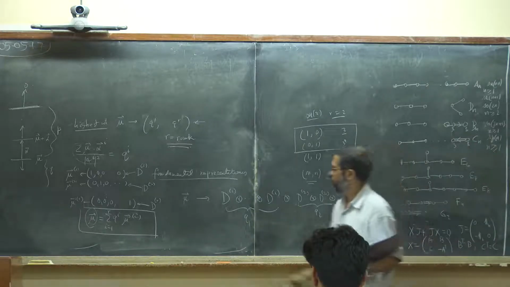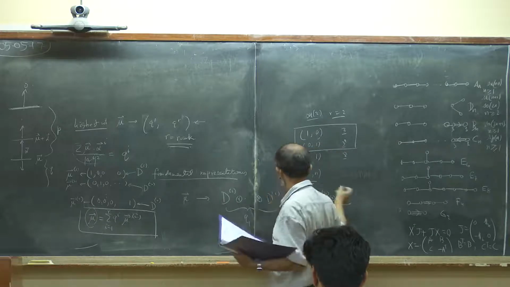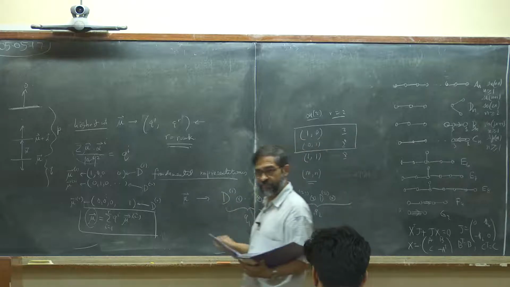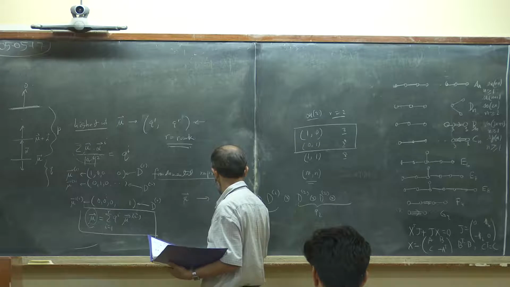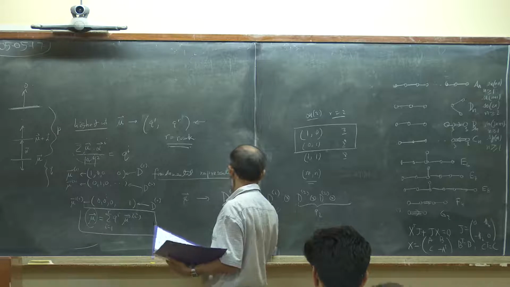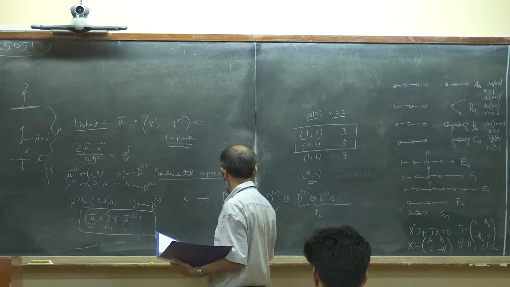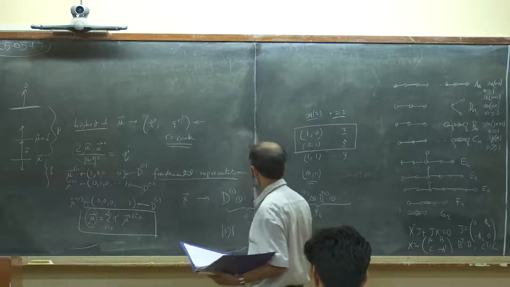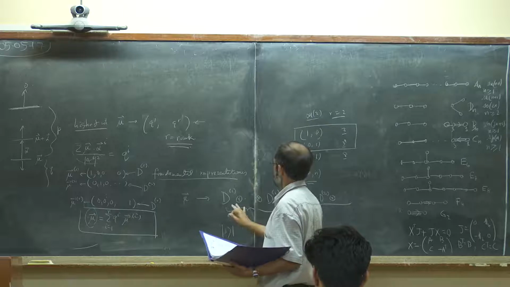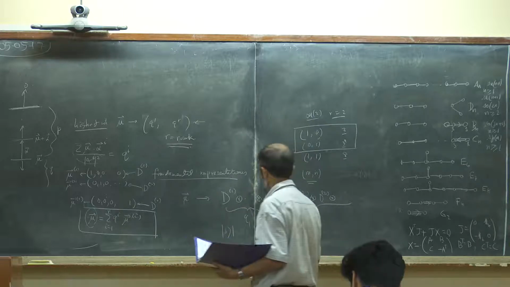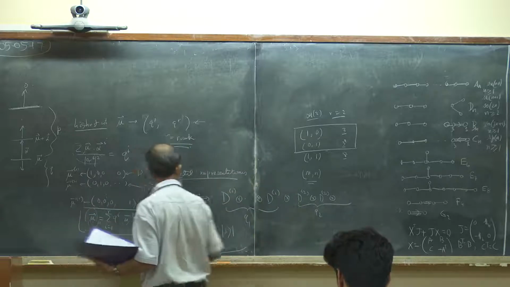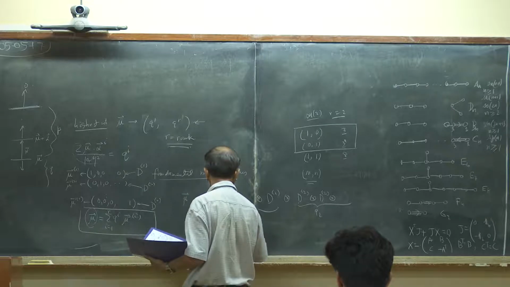Why? Because let us say that I apply any one of the Cartan subalgebra elements on this object. So these are some states which are like the highest weight vector of each one of these. So D1 has a highest weight vector which is this mu 1. So let me call this just mu 1.